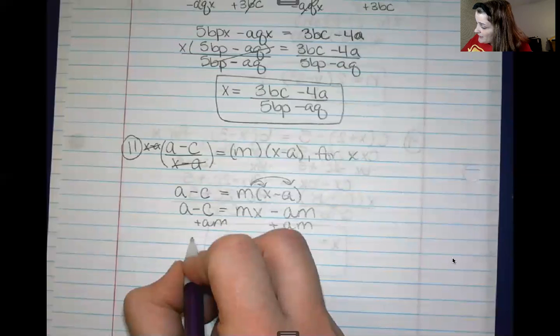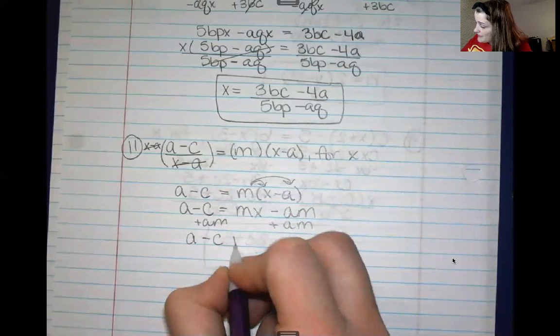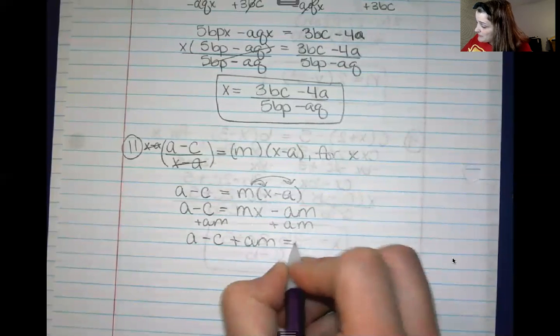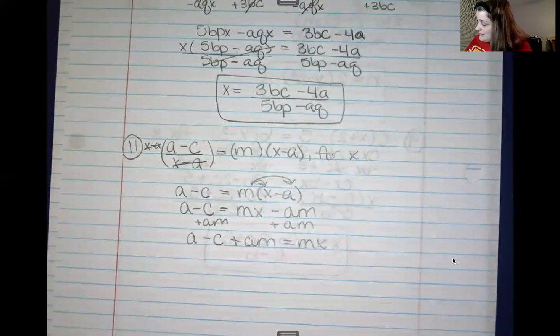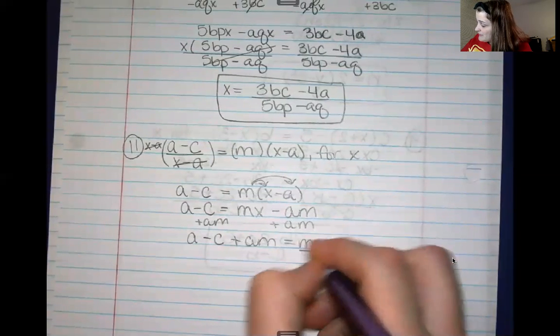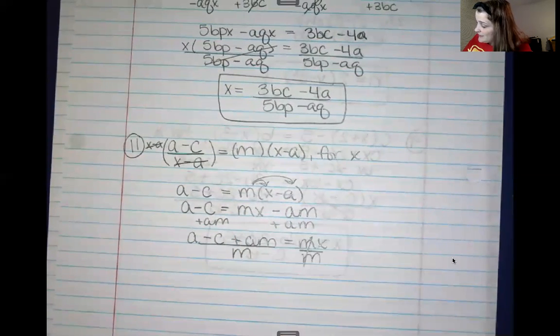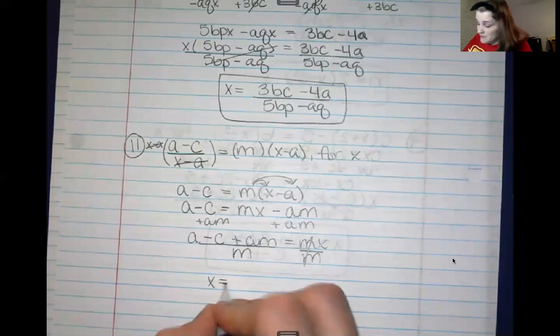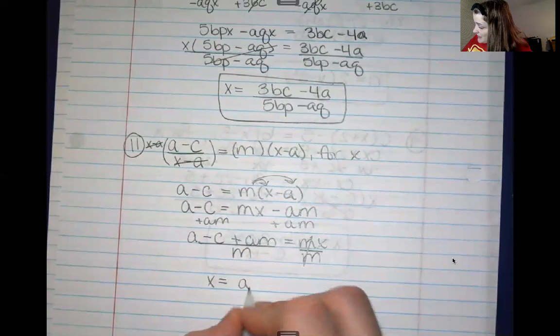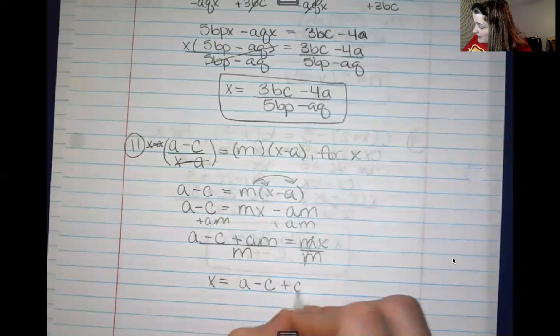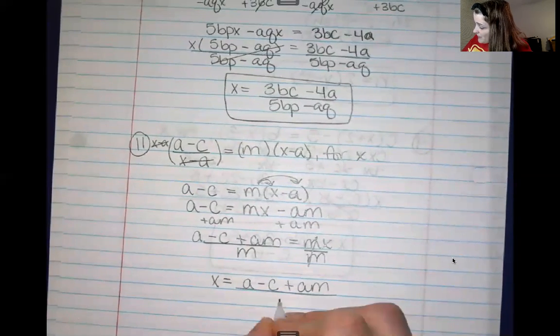So I have a minus c plus am equals mx. And then I'm going to simply divide by m on both sides. And I'm left with x equals a minus c plus am, all divided by m.